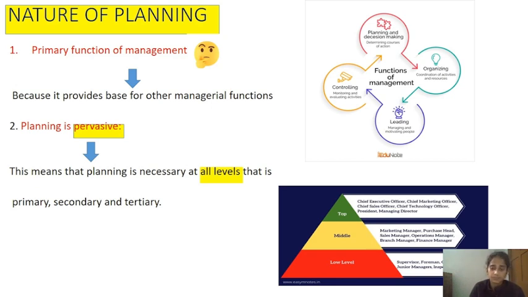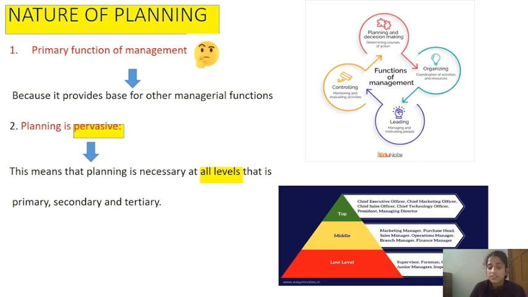Next comes, it is pervasive in nature. Now, what is the meaning of pervasive? Pervasive means present at all levels. Here we will see that management is divided among top management, middle management, and lower level management. Under the top management, we have chief executive officers, directors, and all the highest authorities.